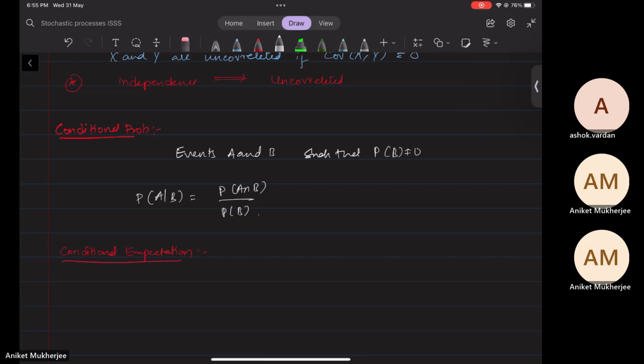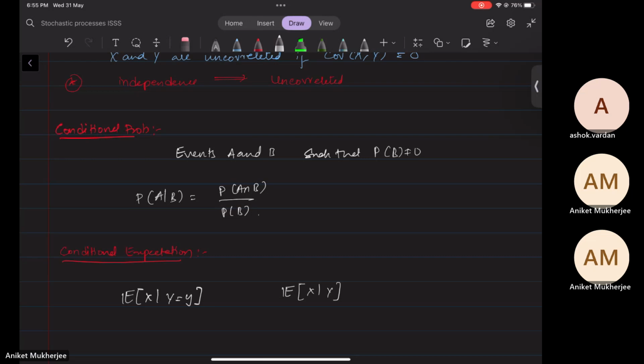Okay, so conditional expectation, basically there are two types. One is you condition on an event Y equal to y, and the other is conditioning with respect to a random variable. Expectation you take of a random variable, not of events. Probabilities you take on events, and expectation you take on random variables.